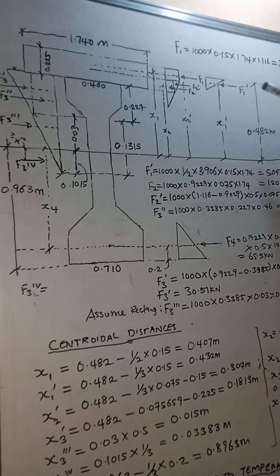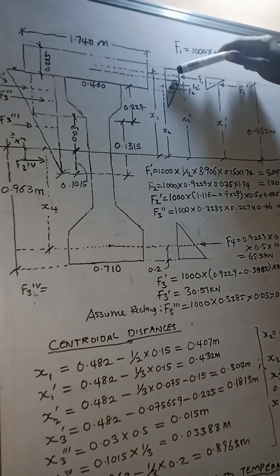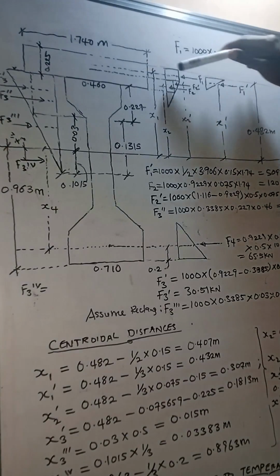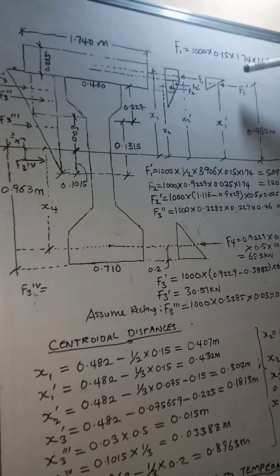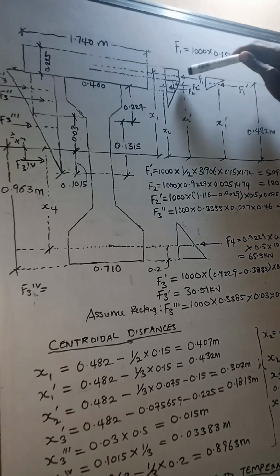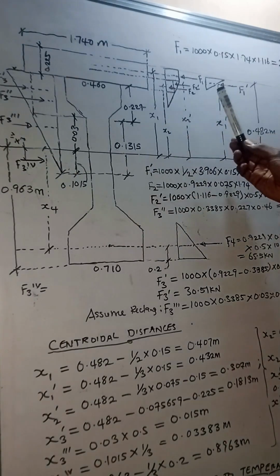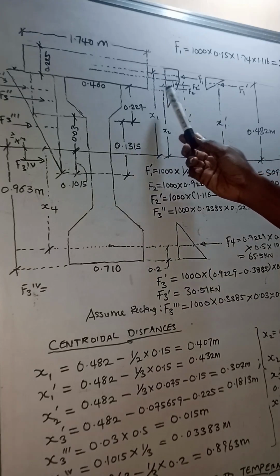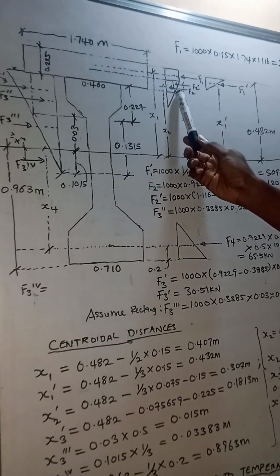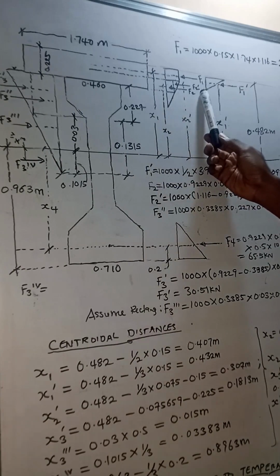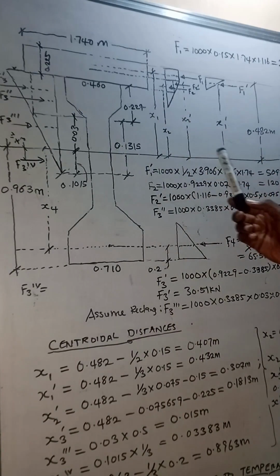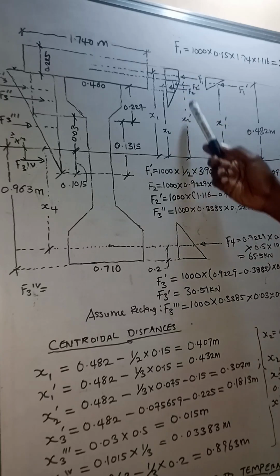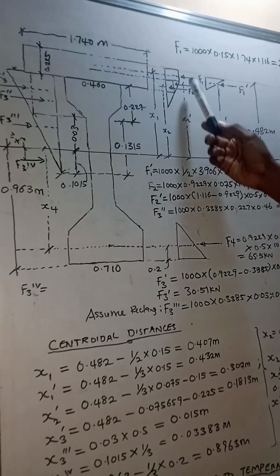This is the centroid. So starting with the first force, I call it F1. We've been able to discretize these two into rectangular and triangular forces. So here we have F1 prime. I call this one F1 prime. This one is F1. Now the other portion has been discretized also into F2 prime and F2, and their centroidal distances are also taken using the same subscript.